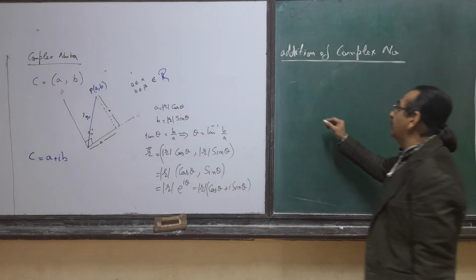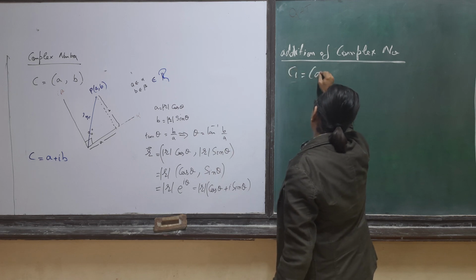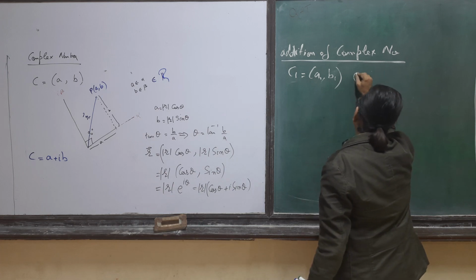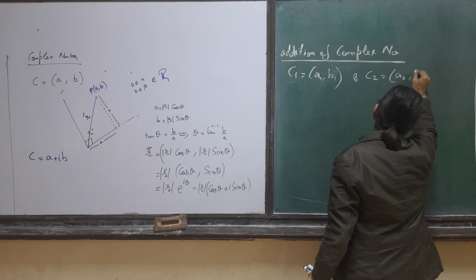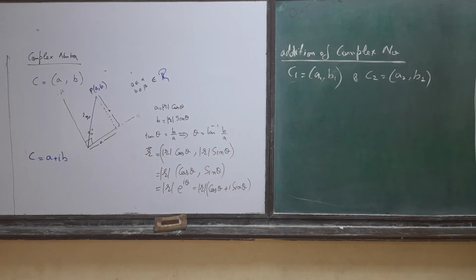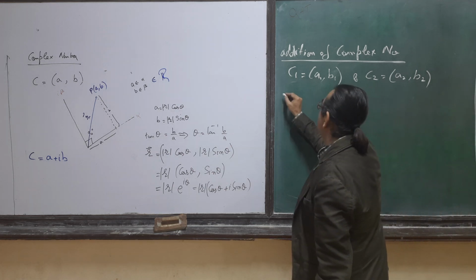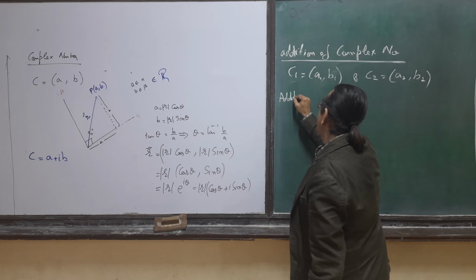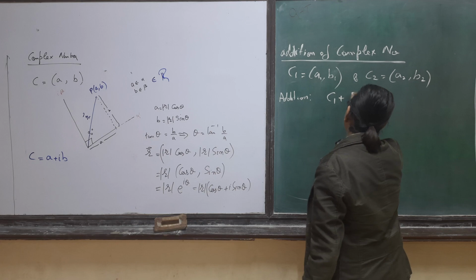If you have C1 as A1 B1 and C2 as A2 B2, then what is the addition C1 plus C2?